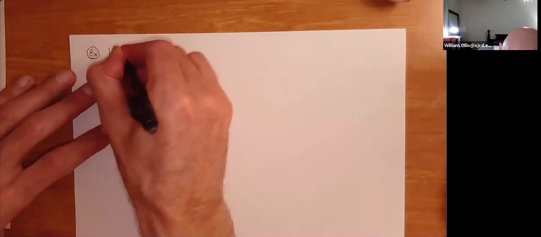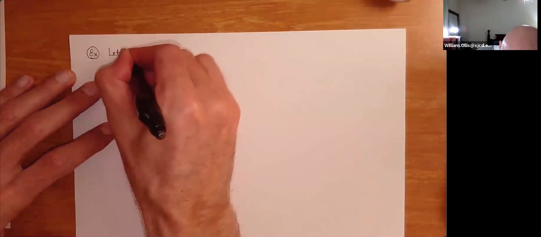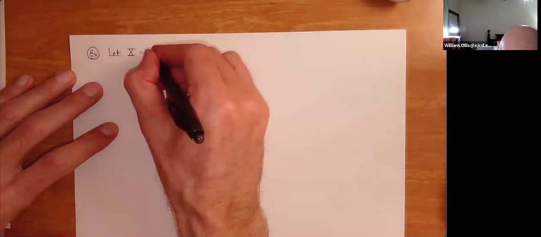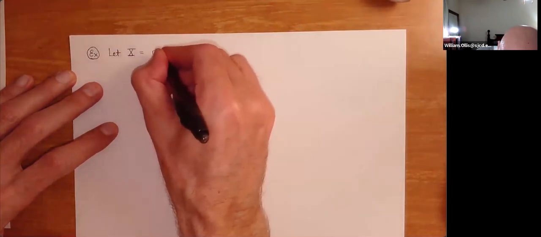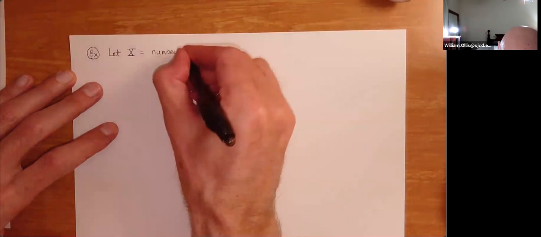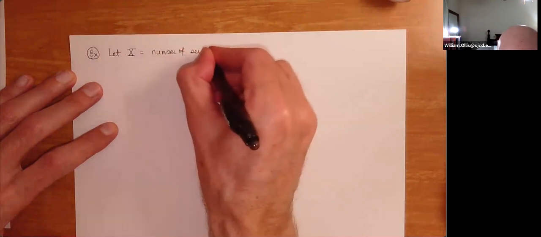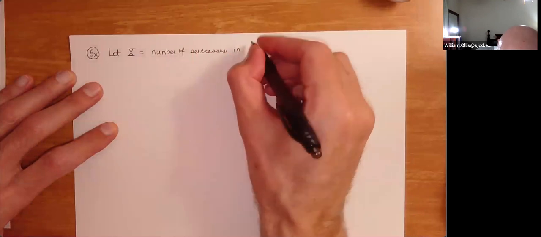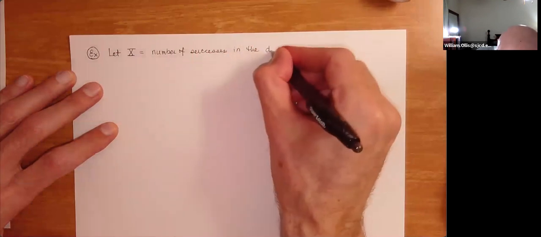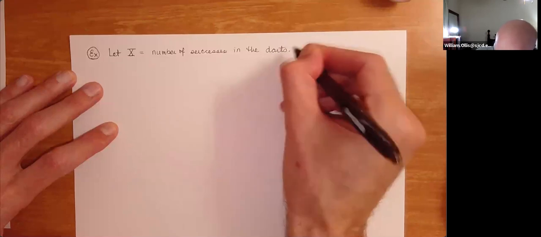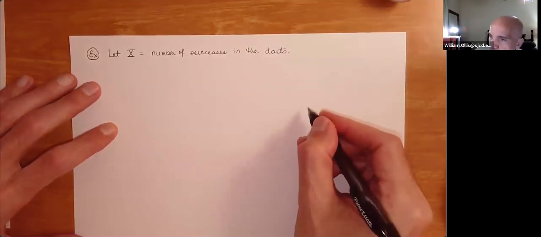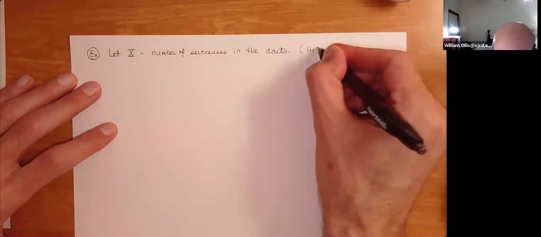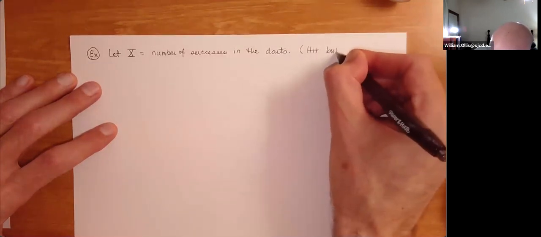Let chi, this is like a Greek chi, let X equal the number of successes in the game darts. So in the darts game, basically when you hit the bullseye, that's a success. So success, that is, hit bullseye.